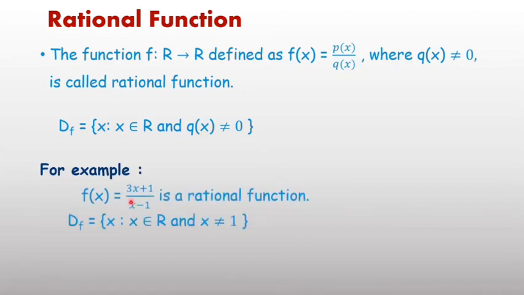For example, f(x) equal to 3x plus 1 upon x minus 1 is a rational function, because numerator is a function, denominator is also a function. Domain means all real numbers except x equal to 1. At x equal to 1, f(x) is not defined. Or you can write R minus 1.